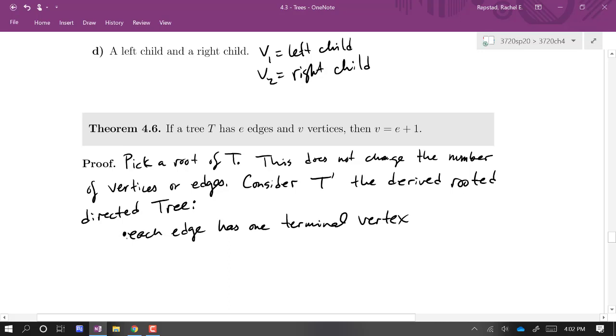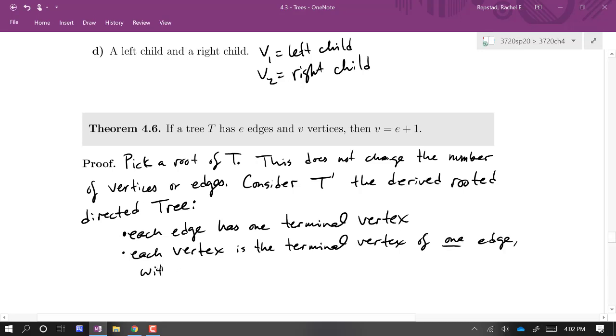But each vertex is the terminal vertex of one edge, because there are no cycles in this tree. And there's only one exception to this. And that is the root, which is not a terminal vertex for any edge.